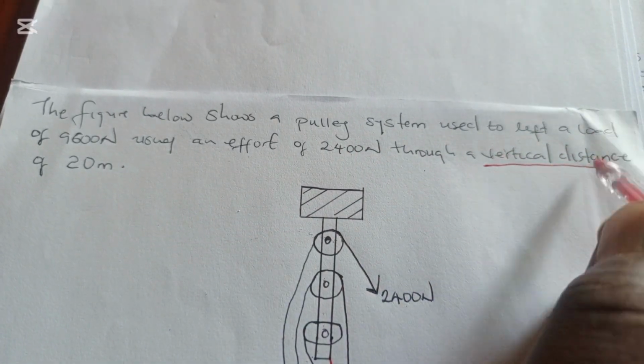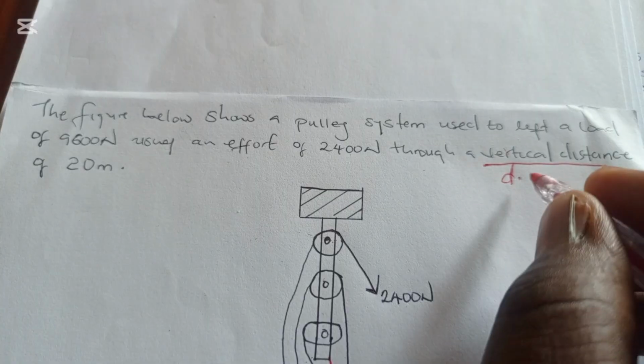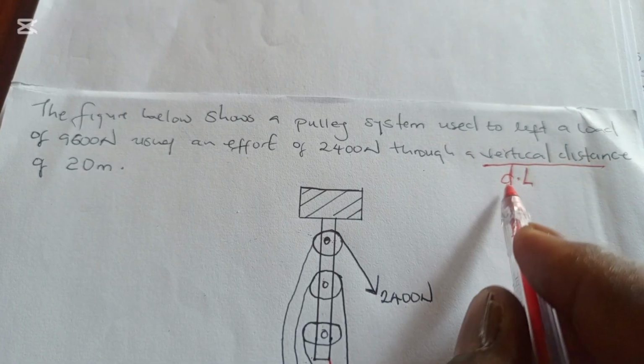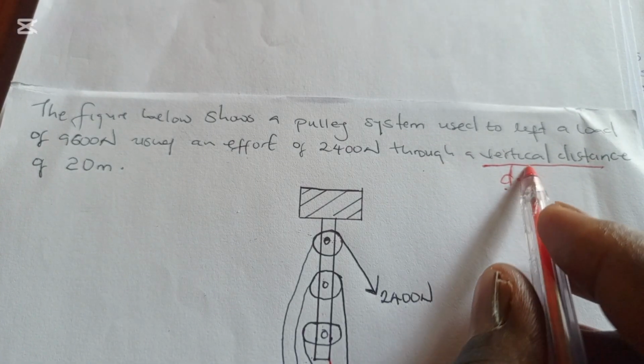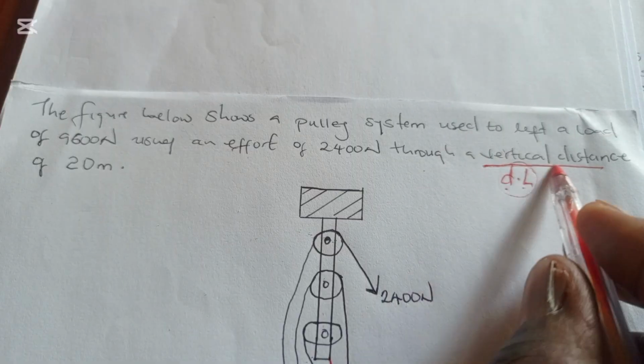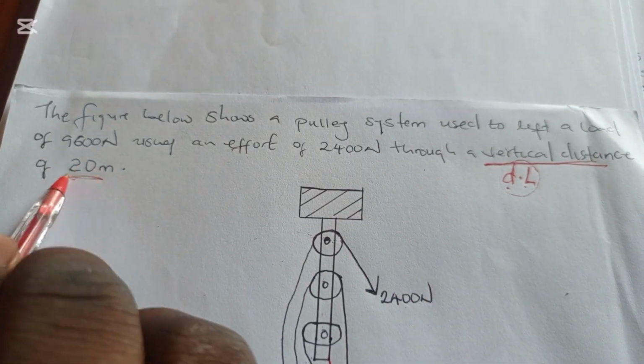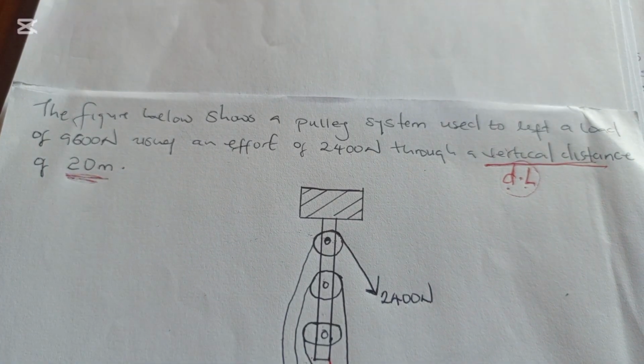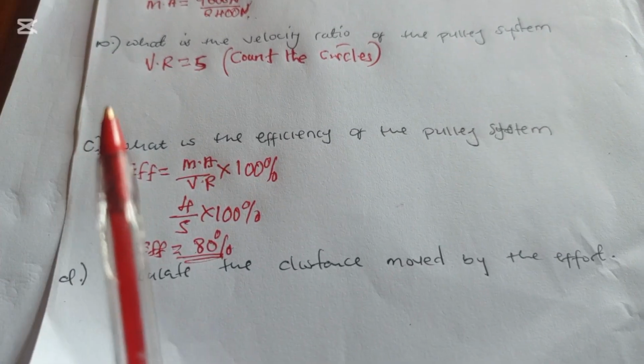This vertical distance we call the distance moved by load. The distance moved by load is the vertical height of 20 meters. The distance moved by load is always vertical or perpendicular, which is 20. So now we'll go back to the question here.